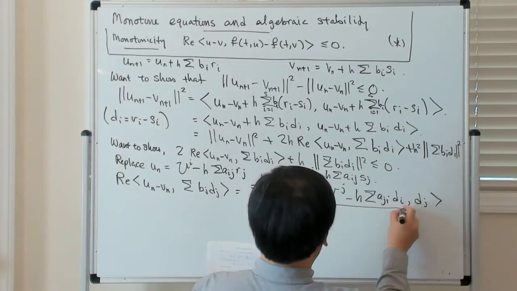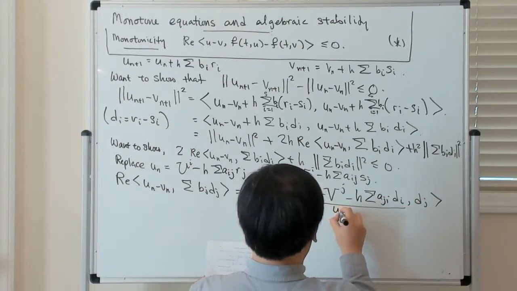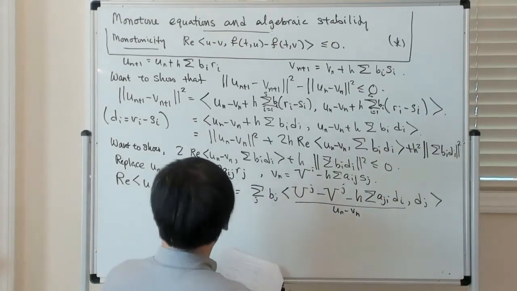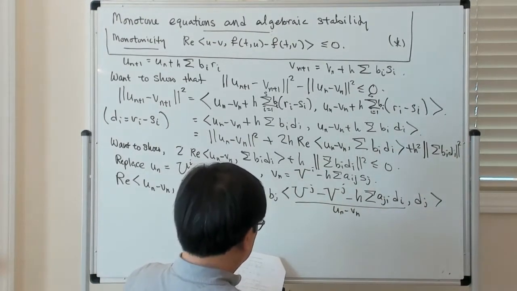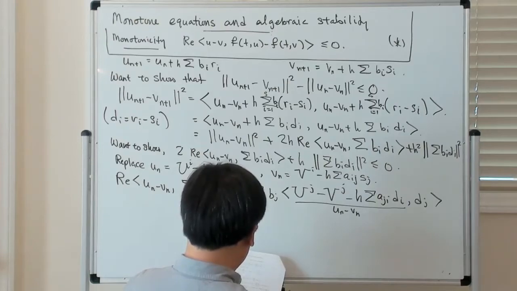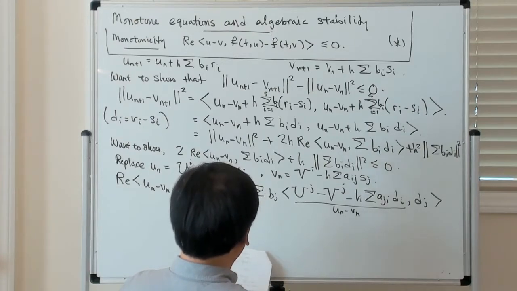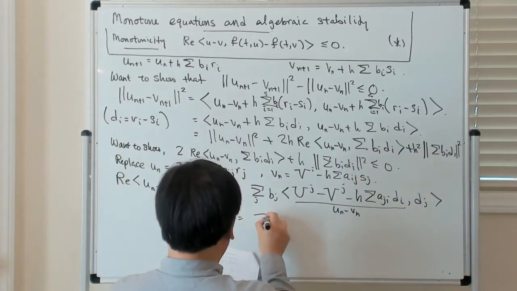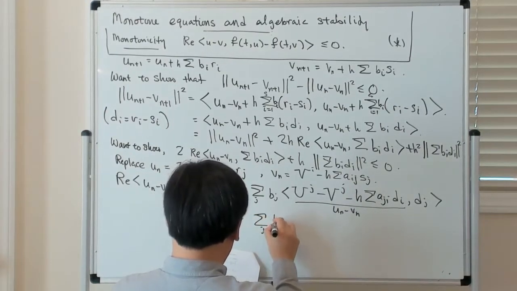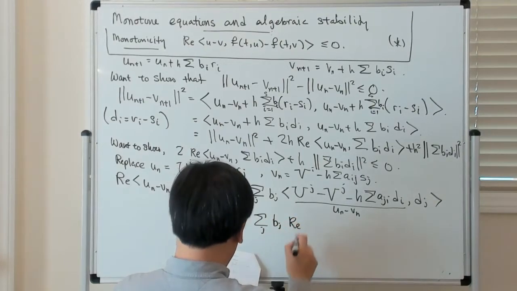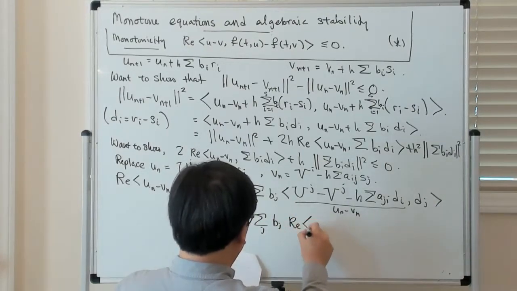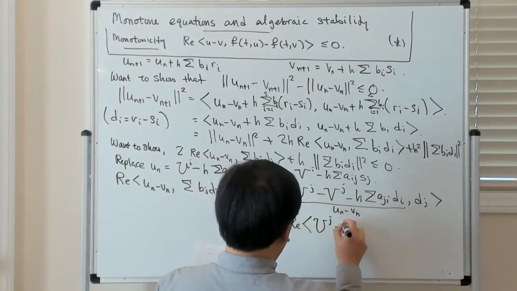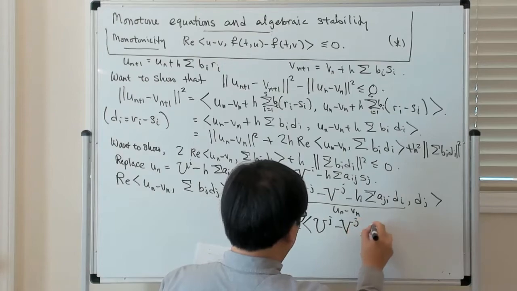This term here is just un minus vn, and this is the dj term. So this is equal to the sum over j of bj, the real part of uj minus vj paired with dj.